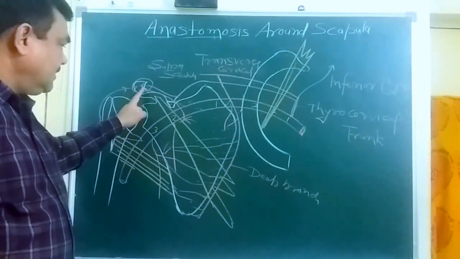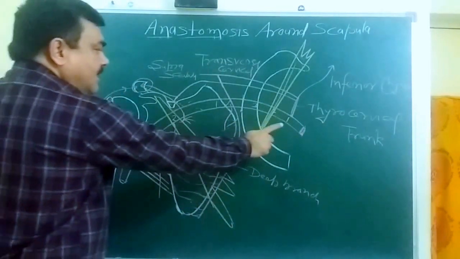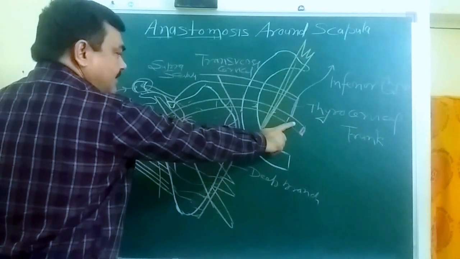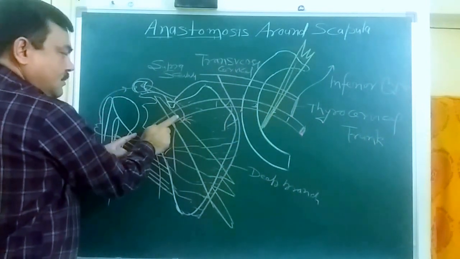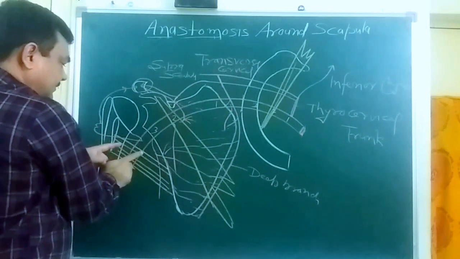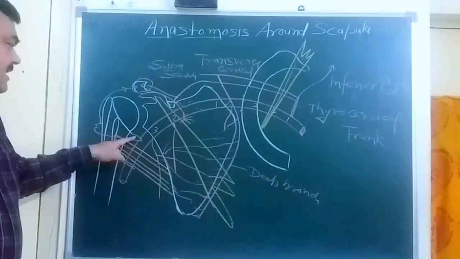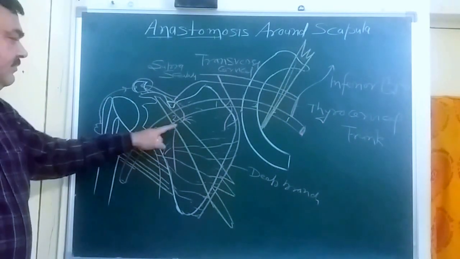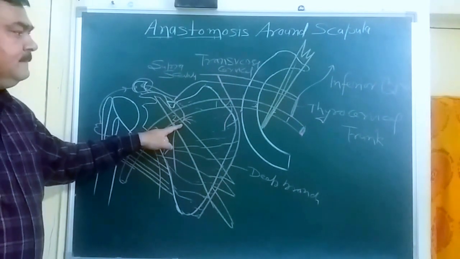And this anastomosis is between the first part, second part and third part. The posterior circumflex is a branch of the third part. The acromiothoracic is a branch of the second part.